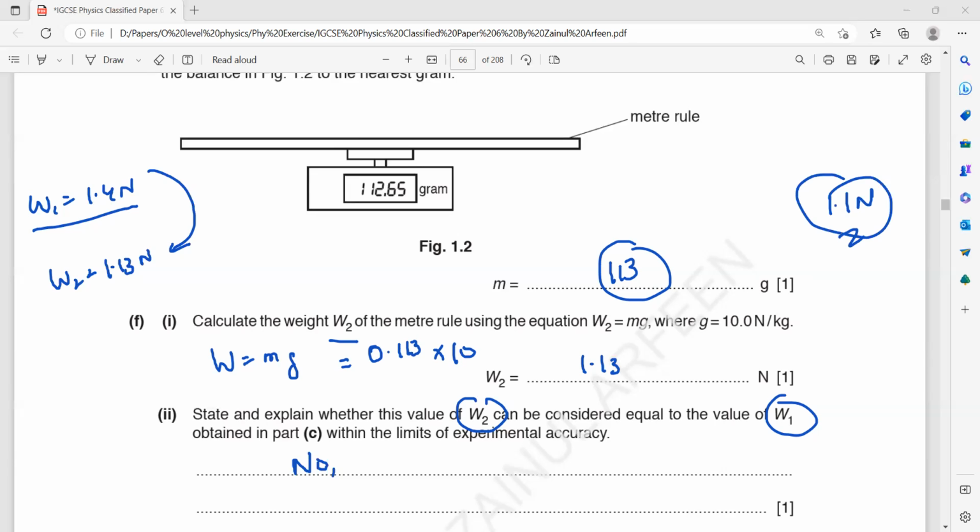But for us, because we are comparing with our value, which is 1.4, we will answer according to our value, not the marking scheme. It totally depends on your values. So you will say no, the two values are not equal within the limit of experimental accuracy. Or the two values are beyond the experimental accuracy.